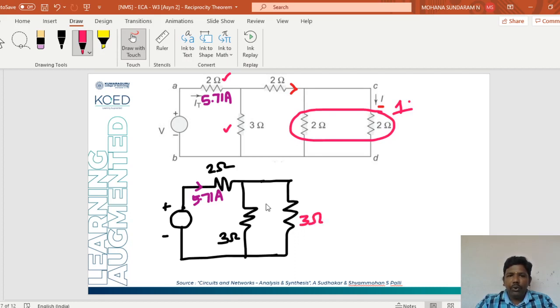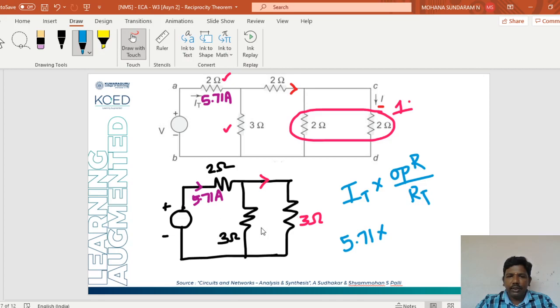Correct? Now you can find out the value of current here using the current divider rule. So what does your current divider rule state? Current divider rule states: total current into opposite resistance, divided by total resistance. Yes or no? So what is total current here? It is 5.71, into the opposite resistance, which is 3.